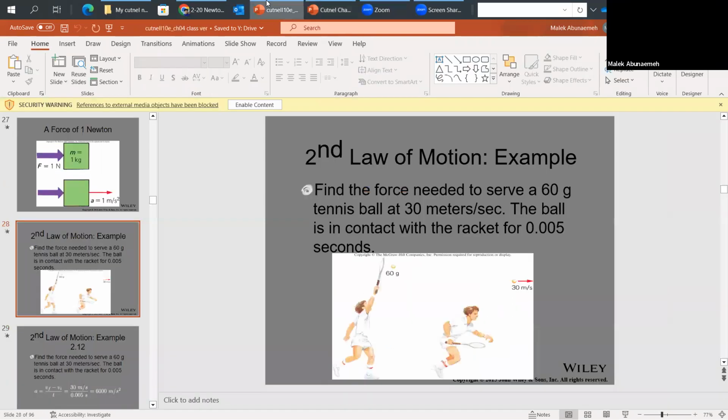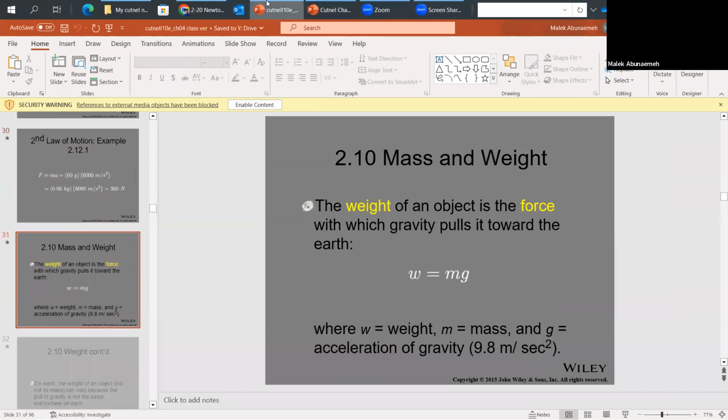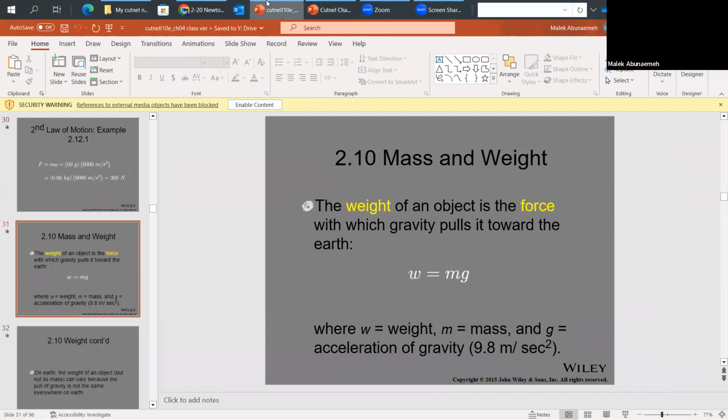Wonderful. Now let's talk about the weight and the mass. The weight of an object is the force with which gravity pulls it towards the earth. Your weight equals your mass times your gravity. Here's a misconception about the weight.